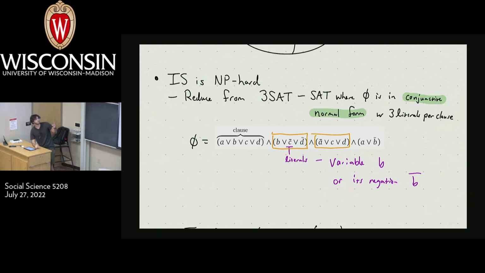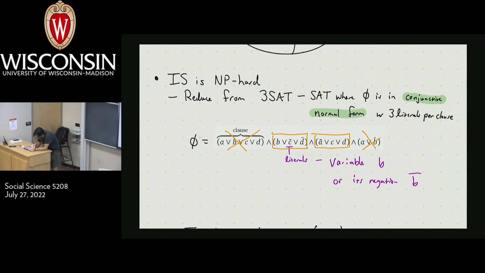There's 3 literals per clause, so there's 3 things you're ORing, and then you could have an unlimited number of things you're ANDing outside. So in particular, these 2 in the middle are 3-CNF, but these 2 are not, because the number of things being ORed is too large. There are 4 literals in that clause and 2 in the other clause.